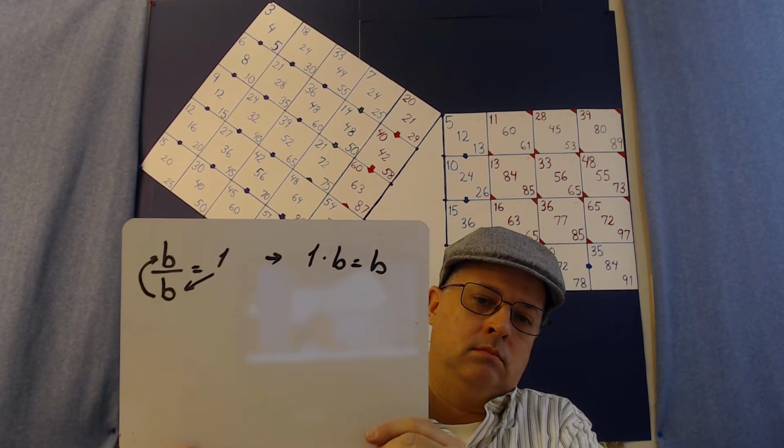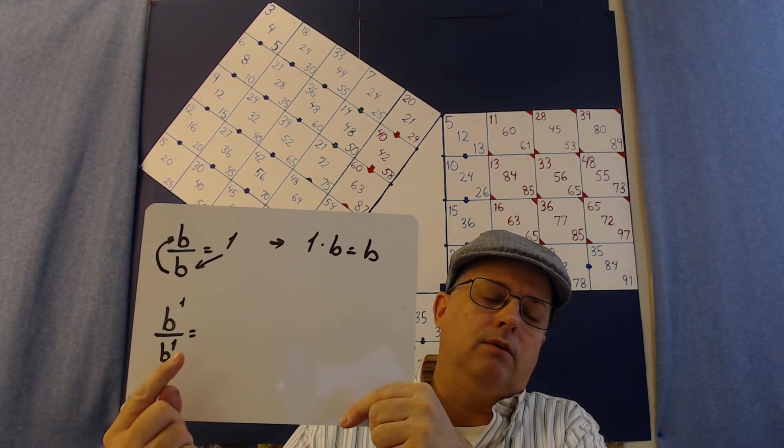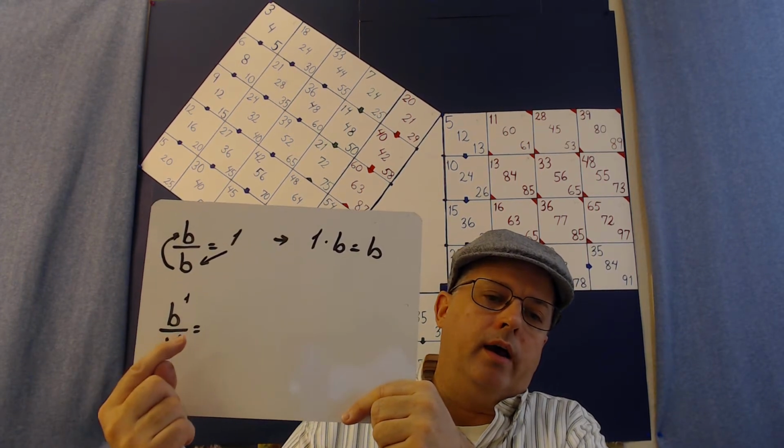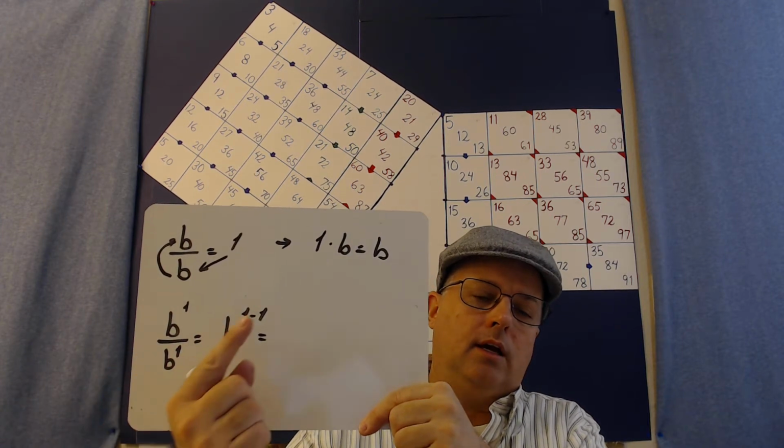All right. And so now let's remember this other property of exponents here. Do you remember this idea that when we had b to the first over b to the first, when you divide, you subtract the exponents.